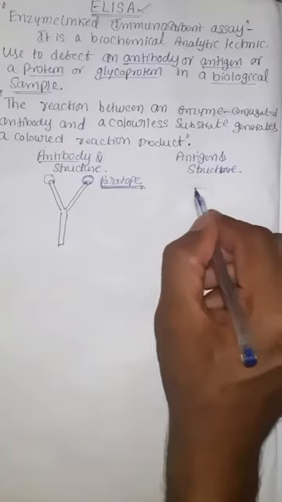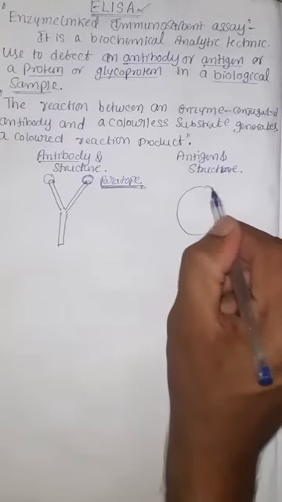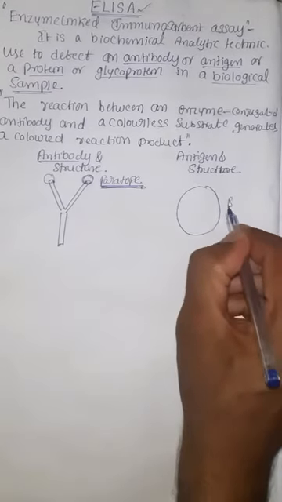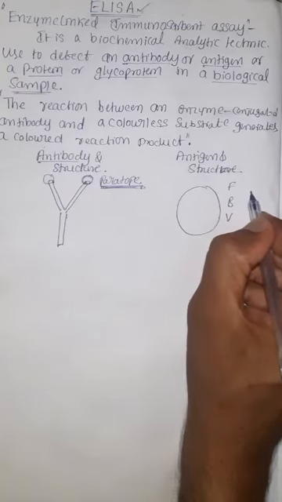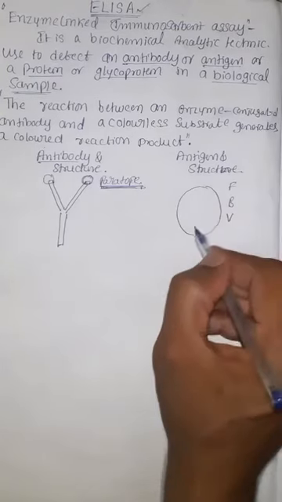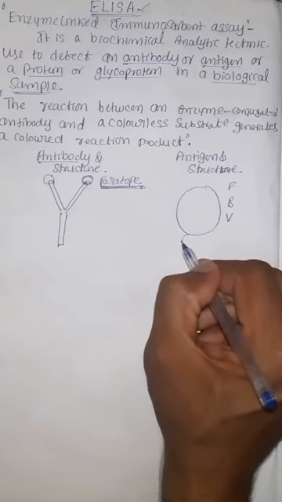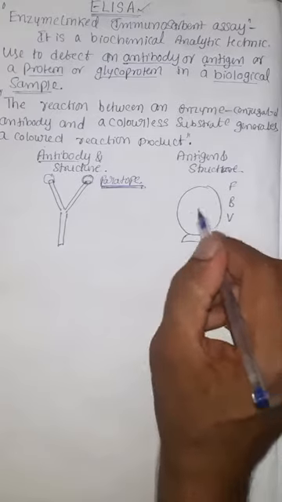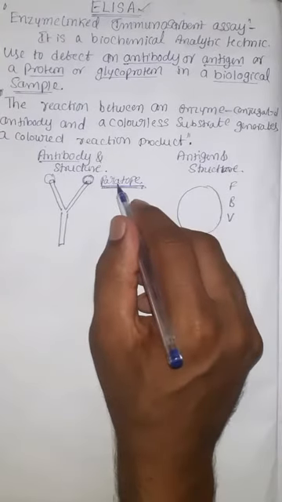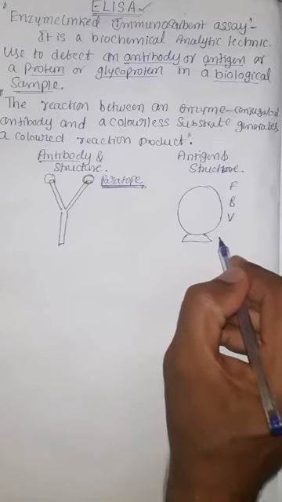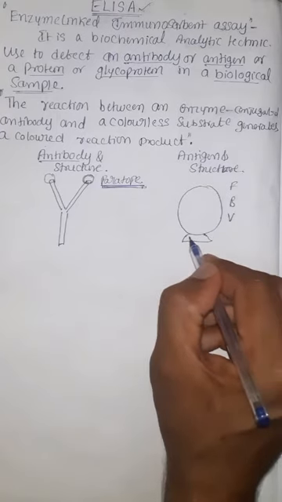Coming to the antigen, it is nothing but a virus particle or a bacteria or a fungus, any living or non-living infectious particle. It also has some significant sites. The number of sites may be 1 or 2 or many, whatever it may be.